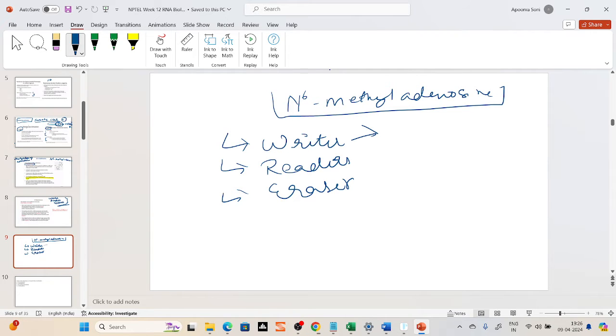Writer means factors that write or cause this modification, that add a methyl group to the adenosine molecule.